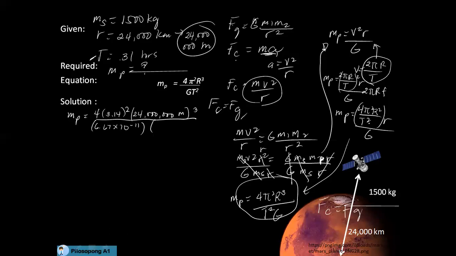And then we have the period of 31 hours. So that will become 111,600 seconds. Yeah, let's compute it first.